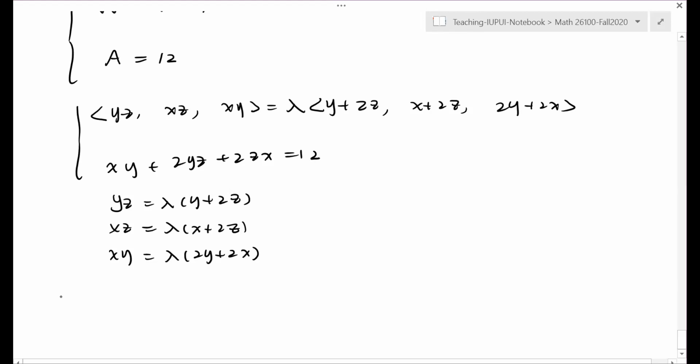So first of all, you see that lambda cannot be 0. You know why? Why it's not 0?